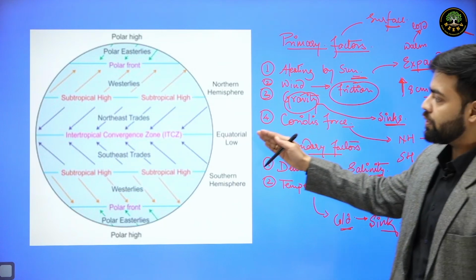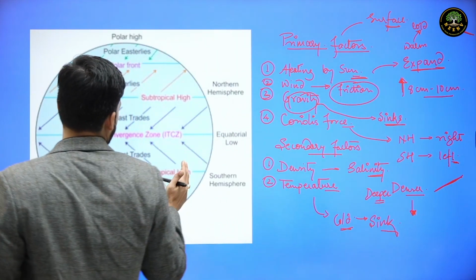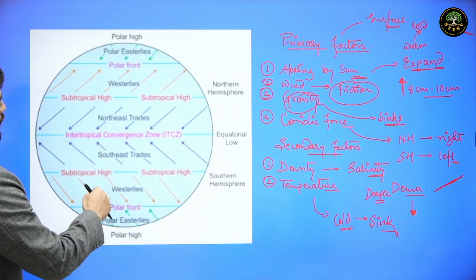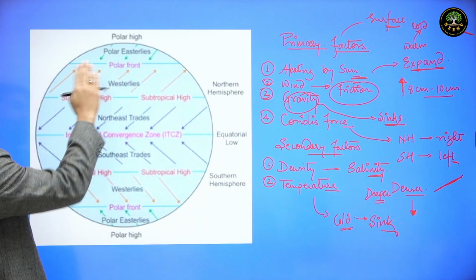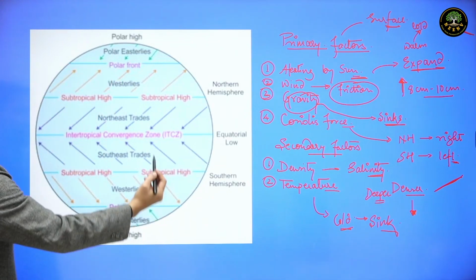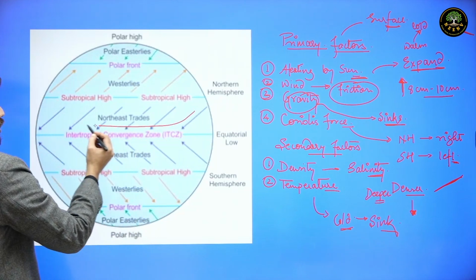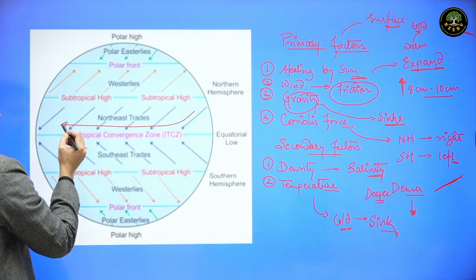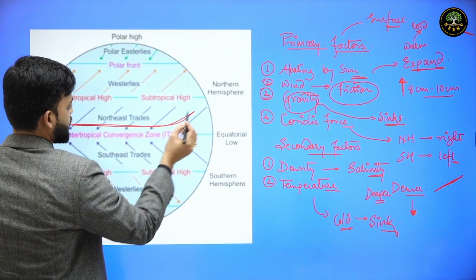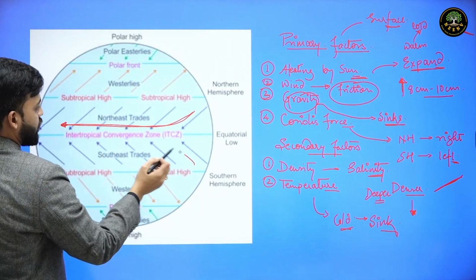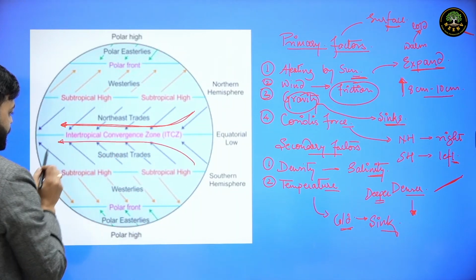Now, if we look into this diagram of permanent winds or the different trade winds, westerlies and easterlies, because of the effect of wind, the equatorial ocean currents, because of the effect of trade wind, move in westward direction.